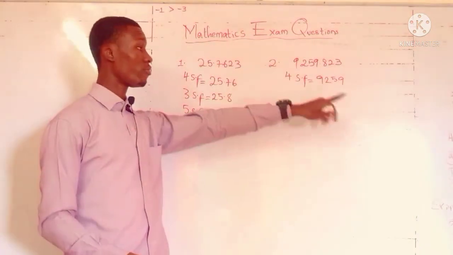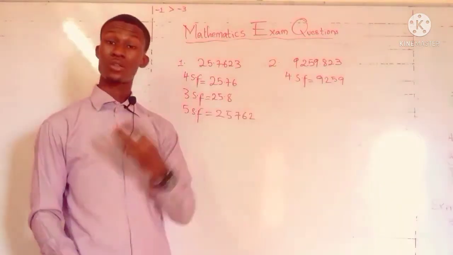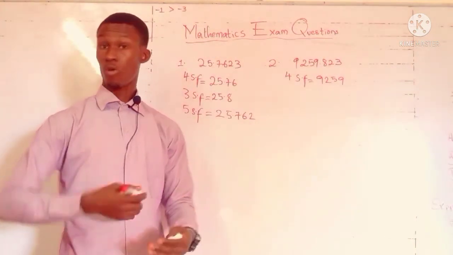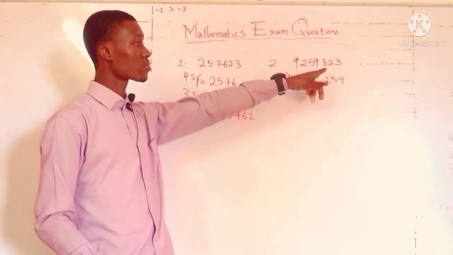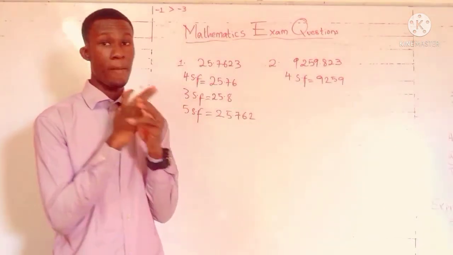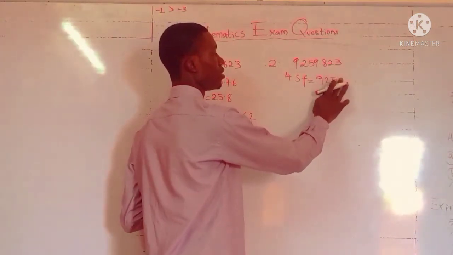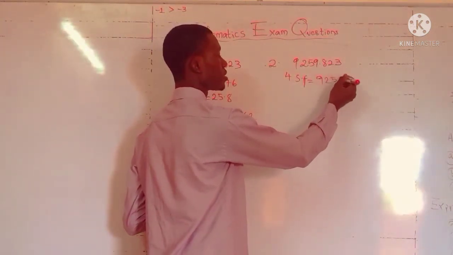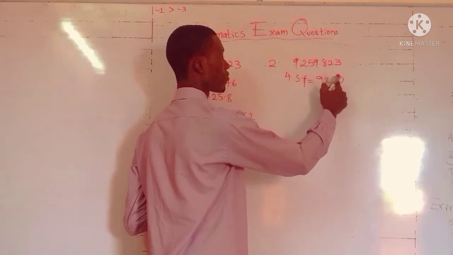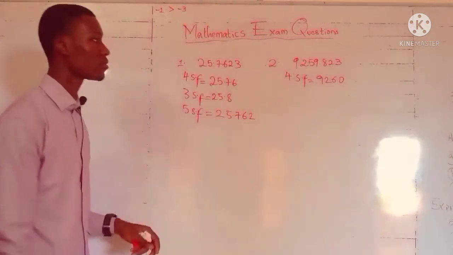So instead of leaving it as 9259, we shouldn't forget that 8 is actually greater than 5 or up to 5. So that means 8 will transform to 1 and add itself to 9, making it 10. So once it becomes 10, it becomes 0 on this side, and then here transforms to 6. Very easy.